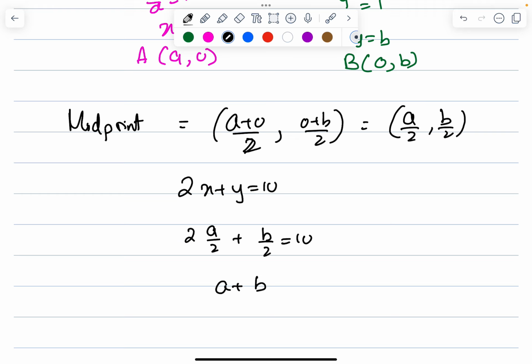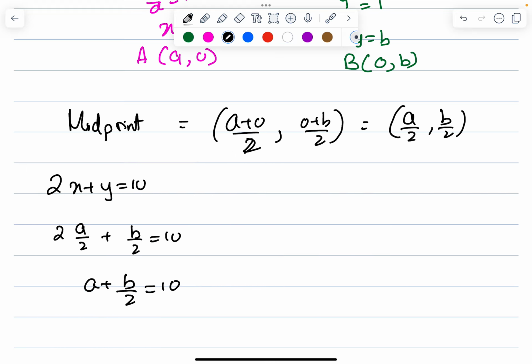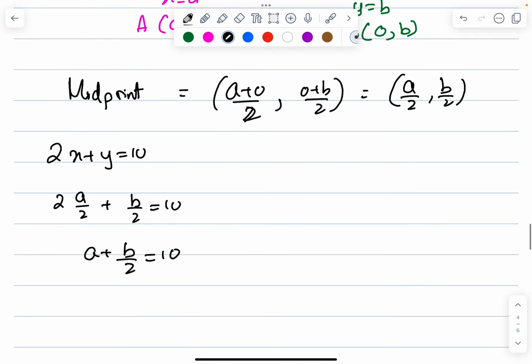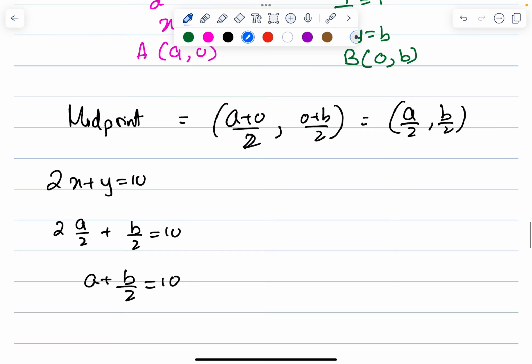So a plus b upon 2 equals 10. Then what is he told? Distance AB equals 10. So the distance from A to B, square root of (a minus 0) whole squared plus (0 minus b) whole squared equals 10. So a squared plus b squared equals 100.